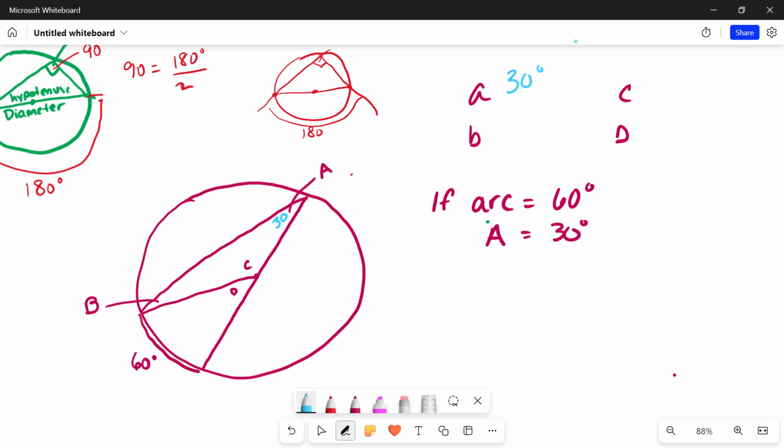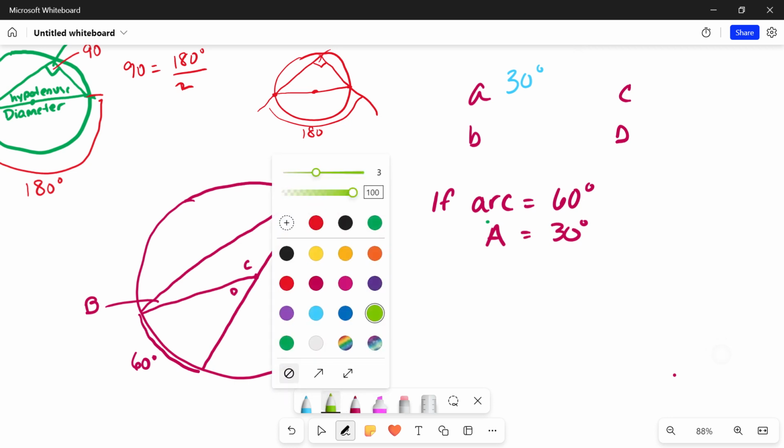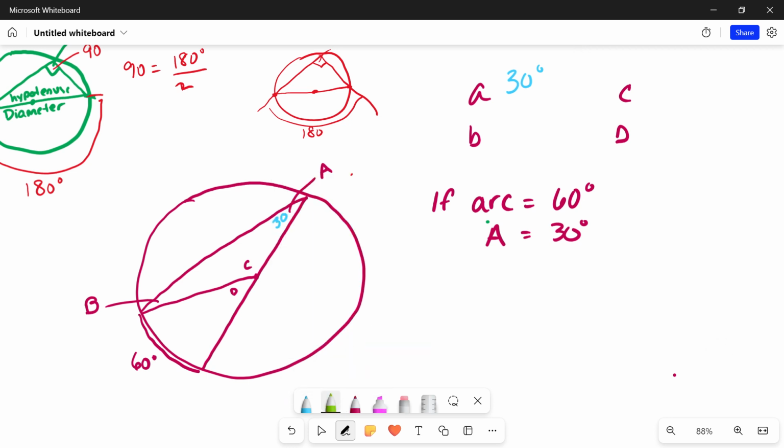Think about these sides of my triangle. If I look at this triangle right here, I've got this and I've got this, right? This right here is going to be a radius and this right here is going to be a radius. So here's that triangle.